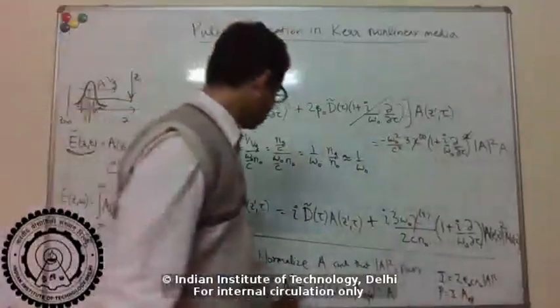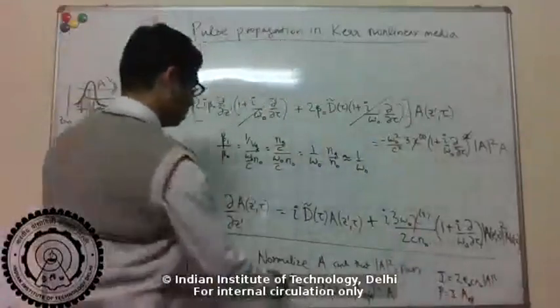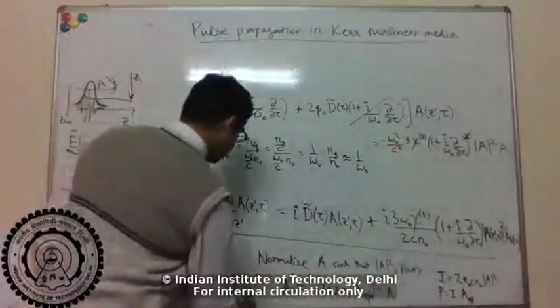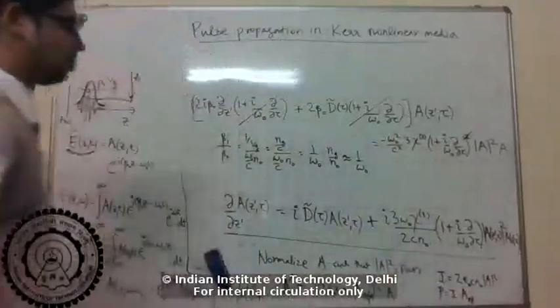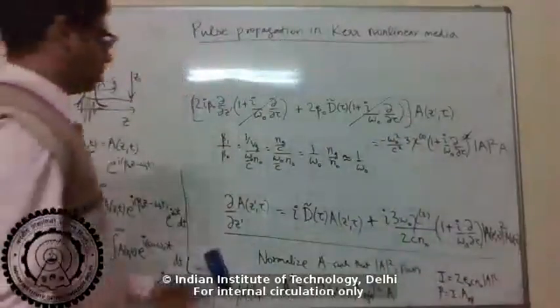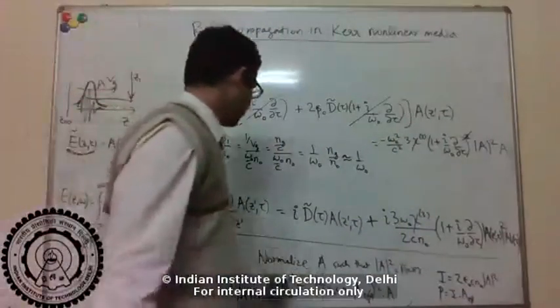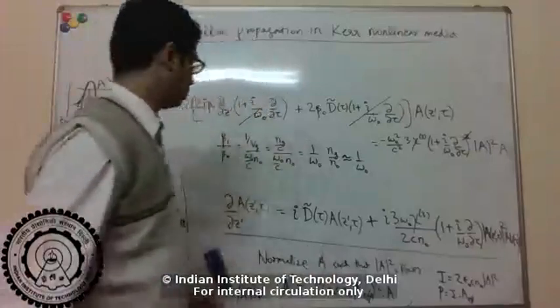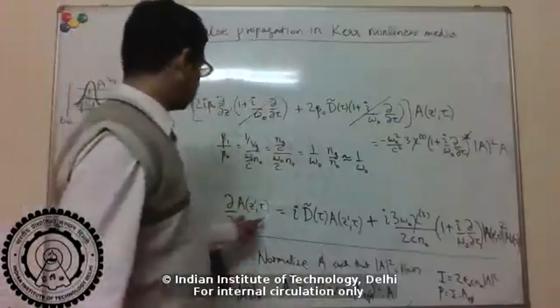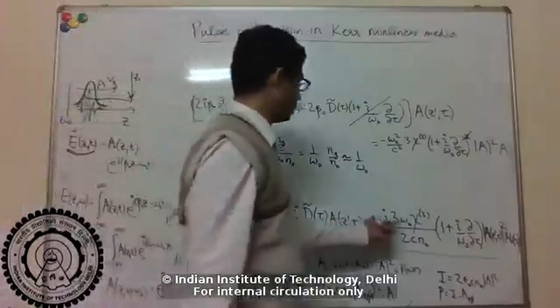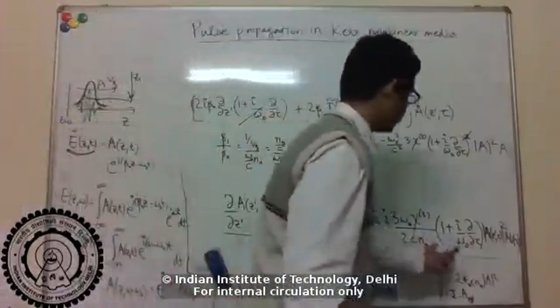So if I do this, then mod A prime square will give me power. So it's just a scaling. I just rewrite this equation in terms of A prime, so you just have this constant which gets divided here.